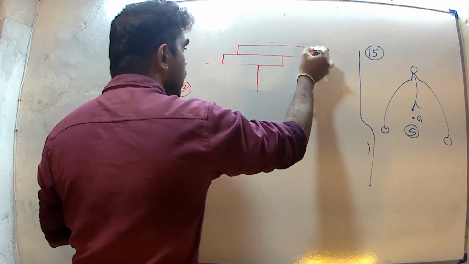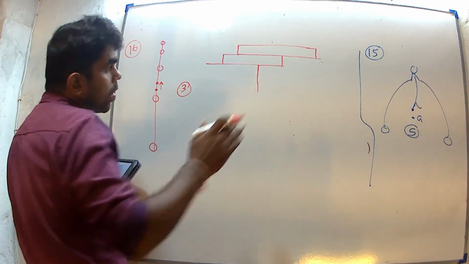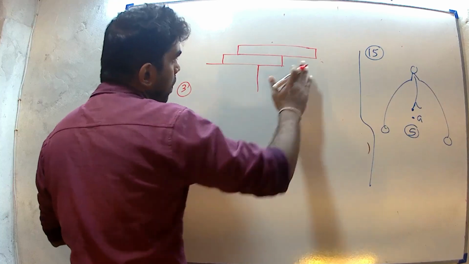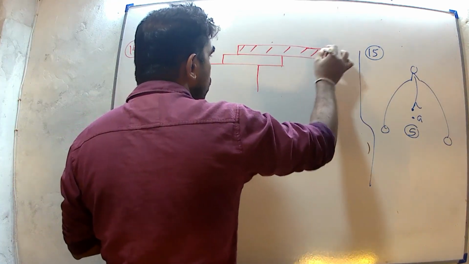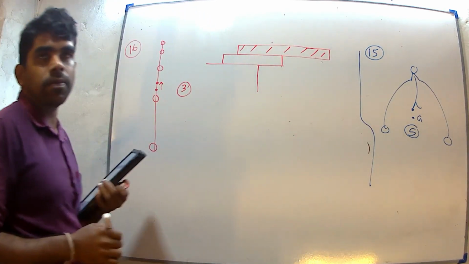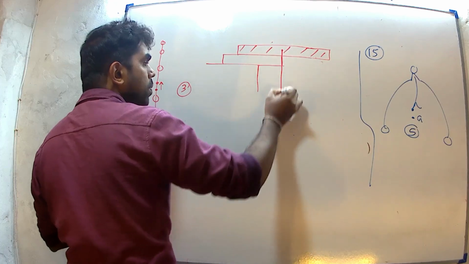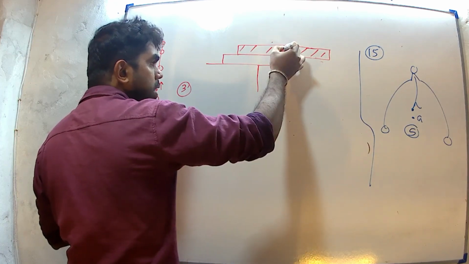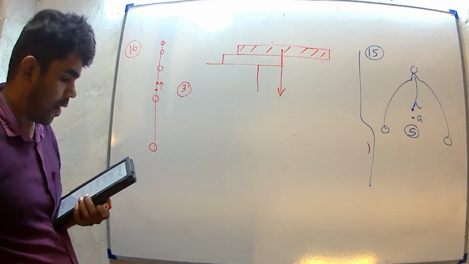I will consider equilibrium of this upper brick. For the equilibrium, its center of gravity should be at this point for the maximum value of L1.